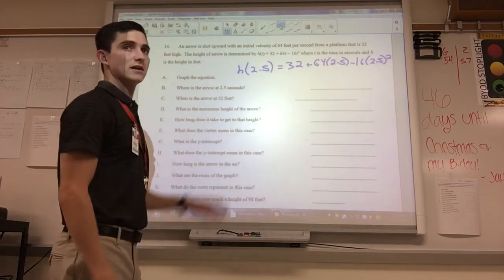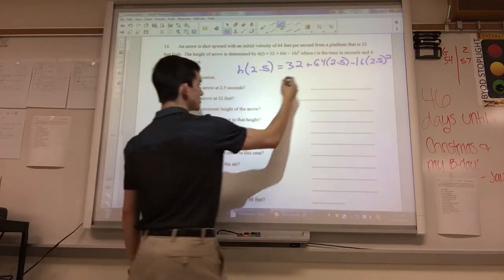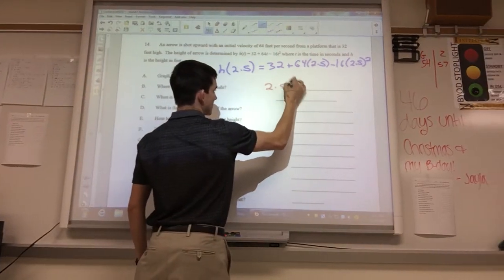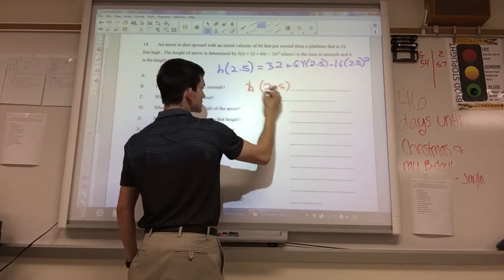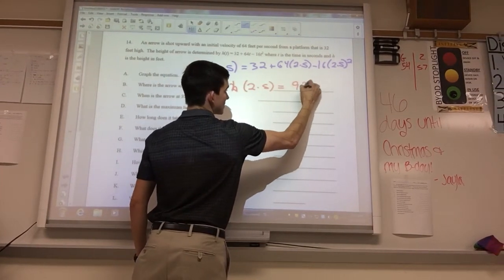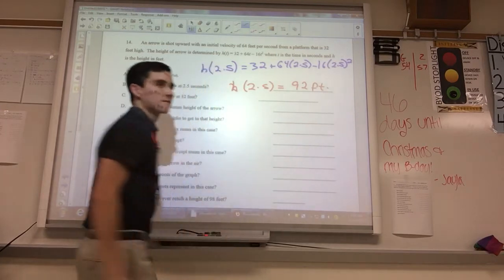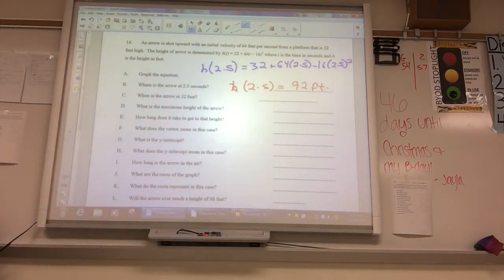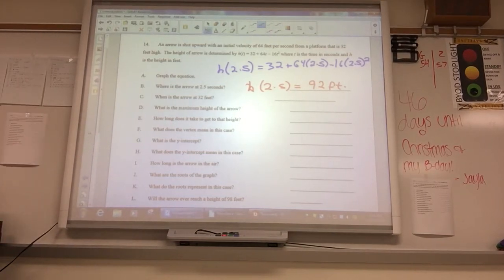The whole thing is 92? Yes. So h of 2.5, you can write it out like this just to practice. H of 2.5 equals 92 feet. Everybody good with that? Again, our focus is understanding the actual math. Then we can use the calculator, but let's understand what we're doing.